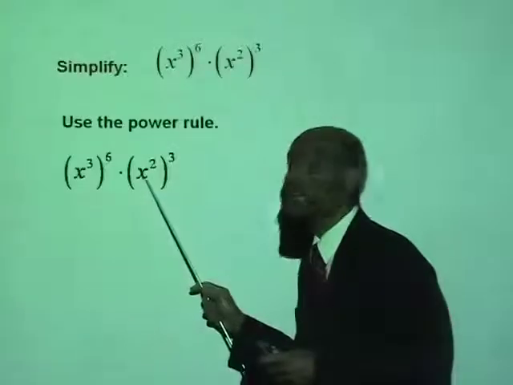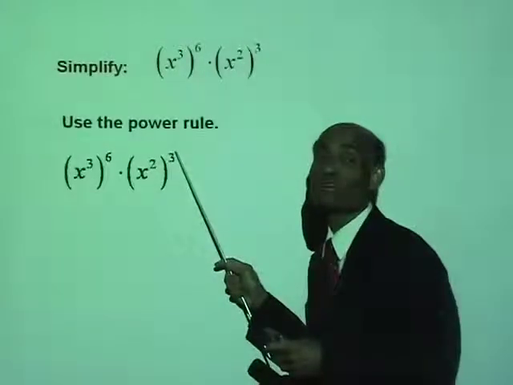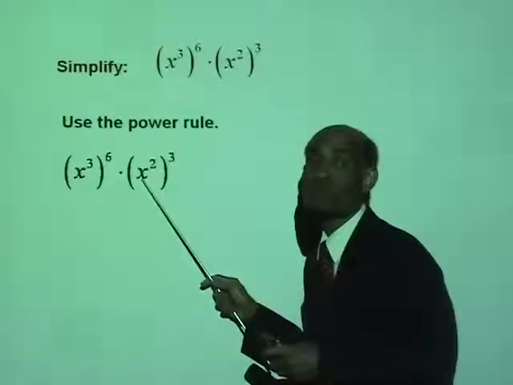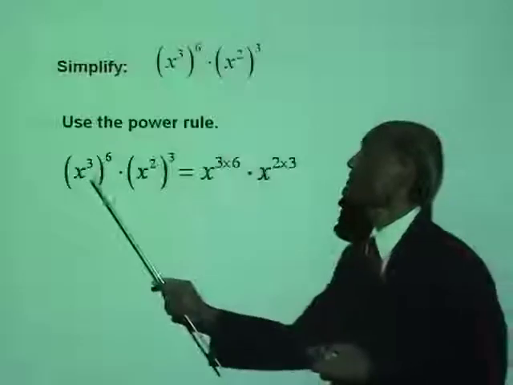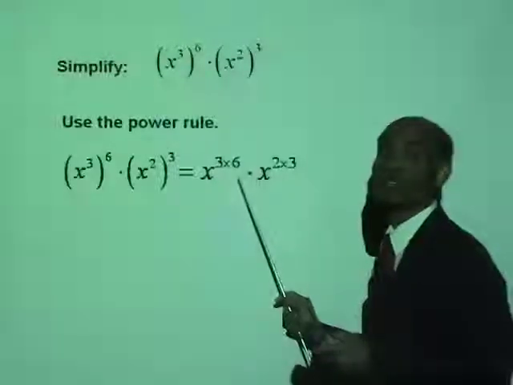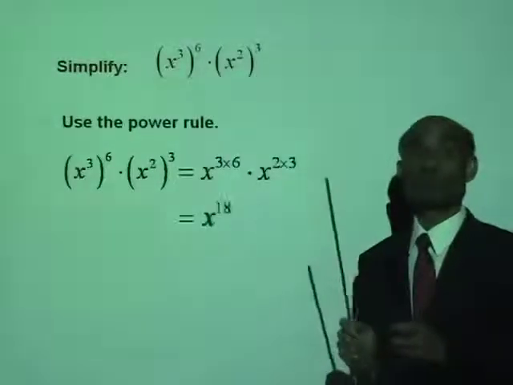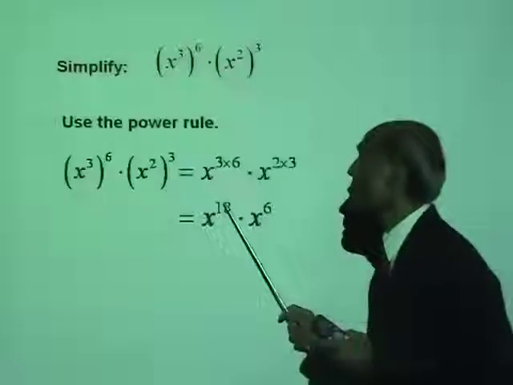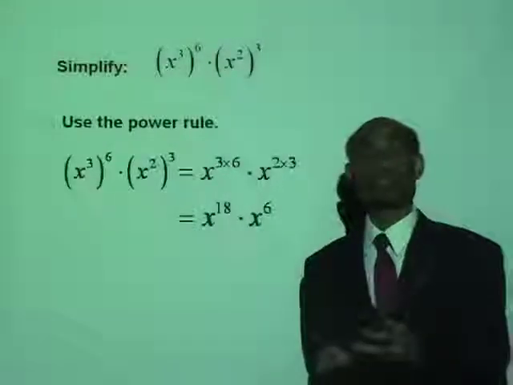And now, what is x to the power of 2 raised to the power of 3? Is x to the power of 2 times 3. That's right. So this is now x to the power of 3 times 6 times x to the power of 2 times 3. And that is x to the power of 18 times x to the power of 6.